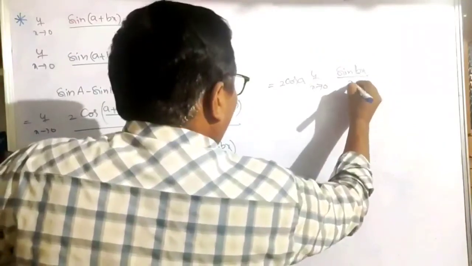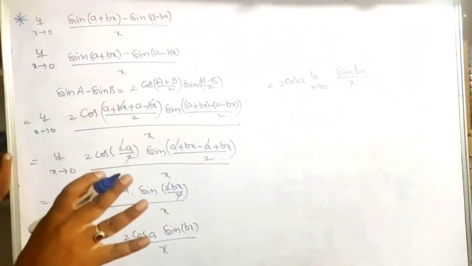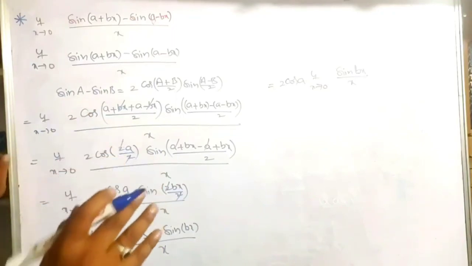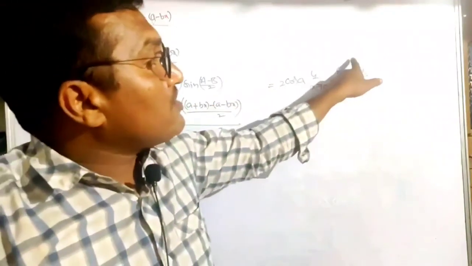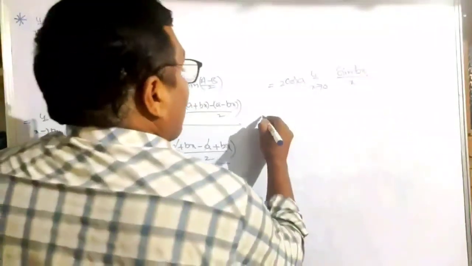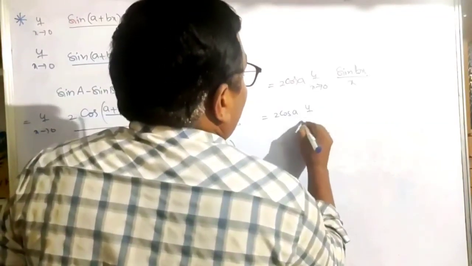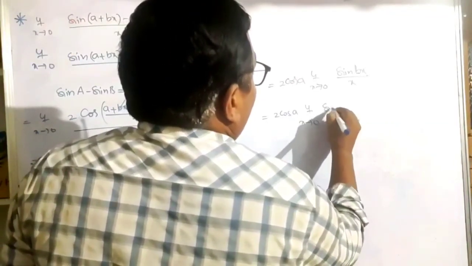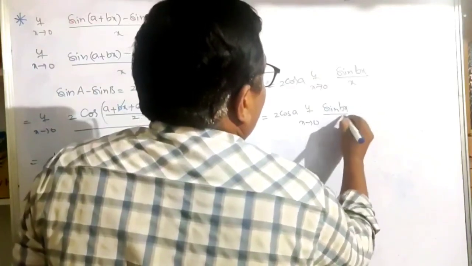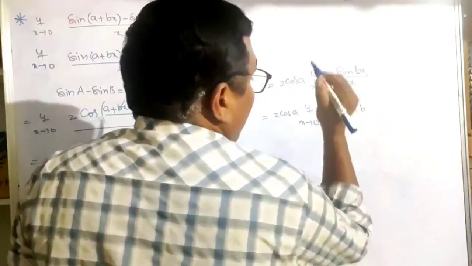See here, we have the sin x by x formula, but here we have sin bx, therefore convert it also into bx: 2 cos a, limit as x tends to 0 of sin bx by x, multiply with b and divide with b.